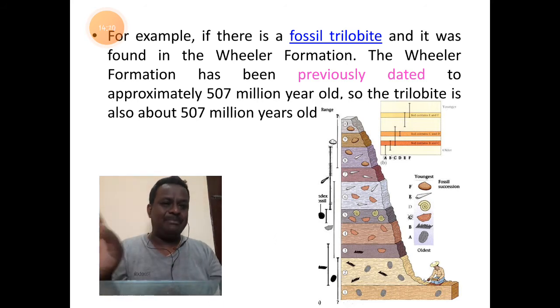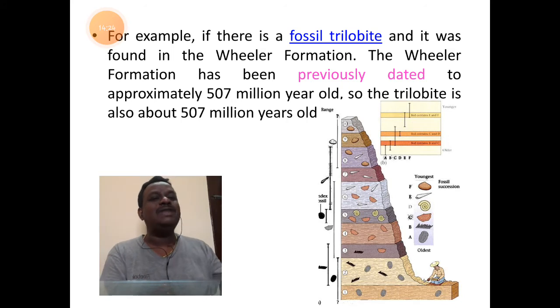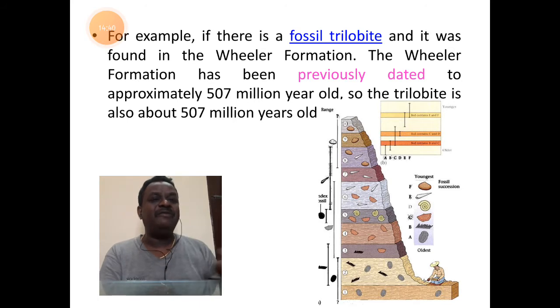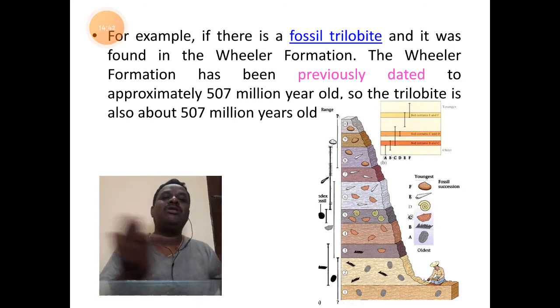If both are the same, then you can easily say that it is also 507 million years old. The reason is that they share the common rock layer, common period and common organisms. So since it's common everywhere, we can easily say that both are of the same age.